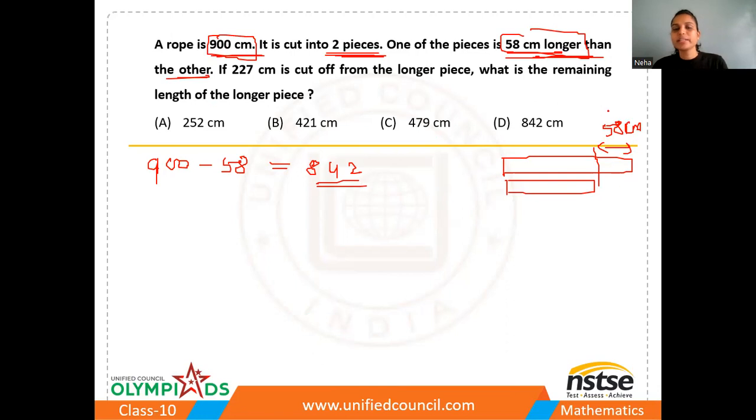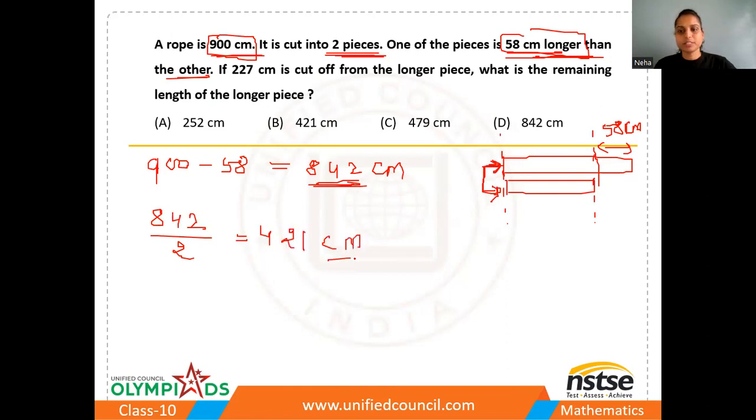So I am just removing that extra part from the total rope length of 900 centimeters. Now I can divide the remaining rope into 2 equal parts because now these two parts are equal to each other. So 842 divided into 2 equal parts, that means divide by 2, this is 421 centimeters.